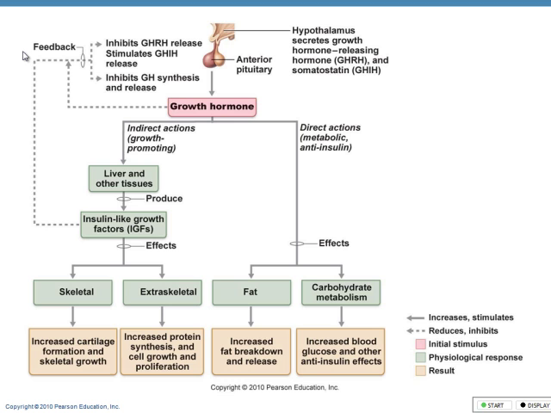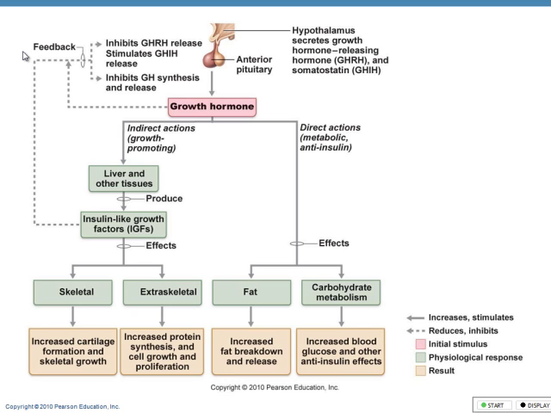Remember, hormones can have direct actions like that, but they can also have indirect actions. And they can cause other things to happen within the body. So growth hormone can also help to decrease fat by causing you to burn more fat, use more fat for energy.